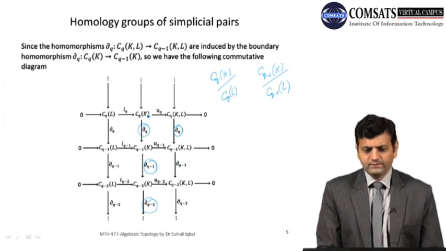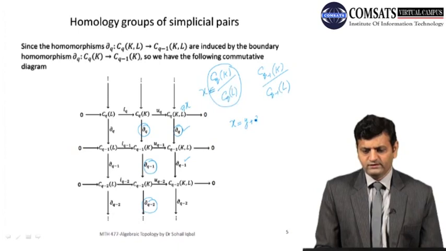Okay, so in other words, if I start from an element of C_q(K,L), let's take an element, let's say x. When I apply this map ∂_q, and apply this map again, then I should get 0. Because what I'm really doing is taking elements of this quotient group. If x is an element of this set, then x is equal to some element of C_q(K), let's call it y, plus C_q(L), where y belongs to C_q(K).